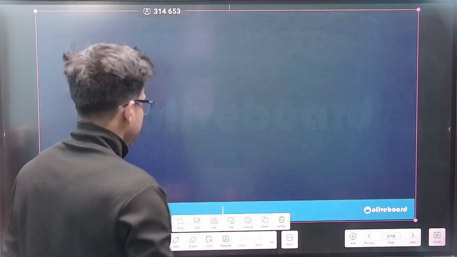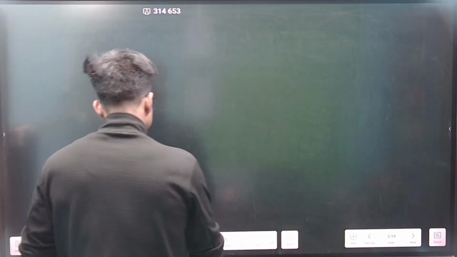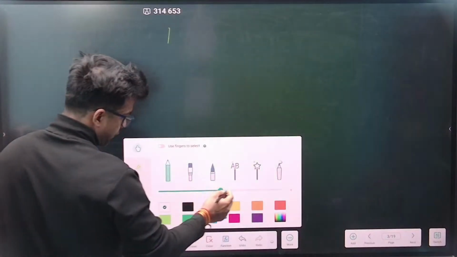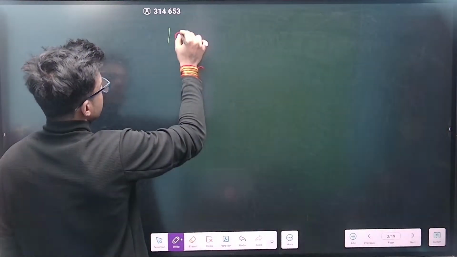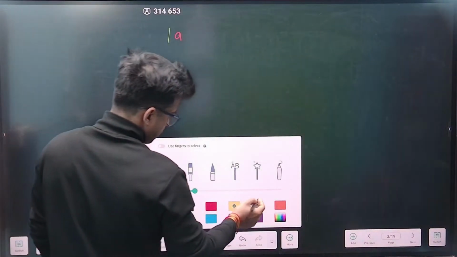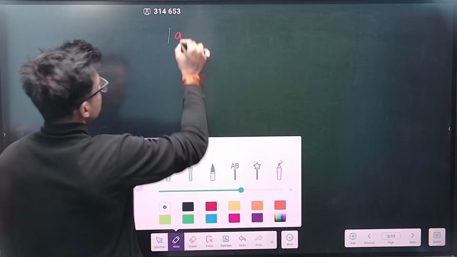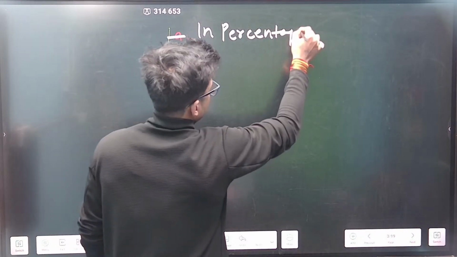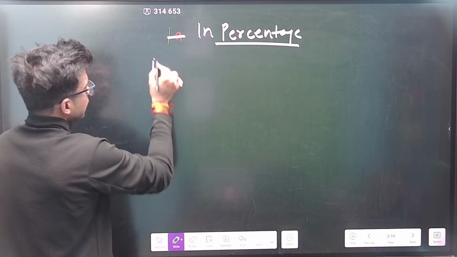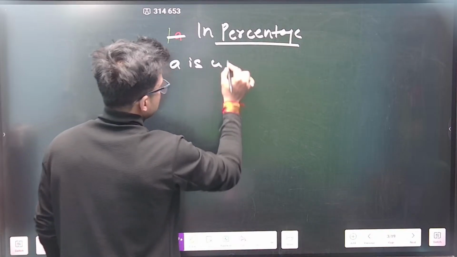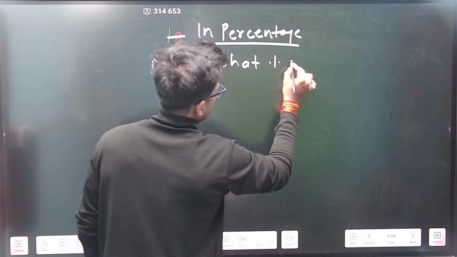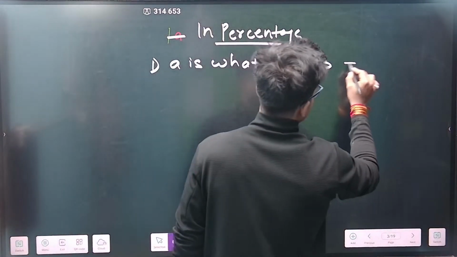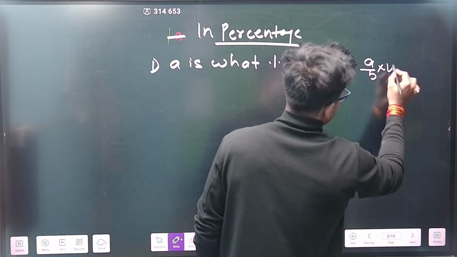In percentage, the first thing I noted down, which is important in DI, is number 1, A is what percent of B, which is nothing but A by B into 100.